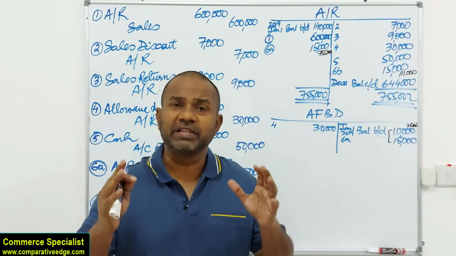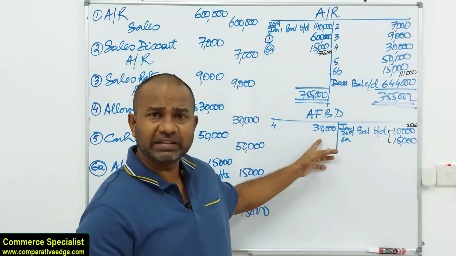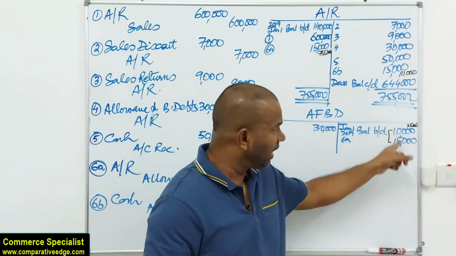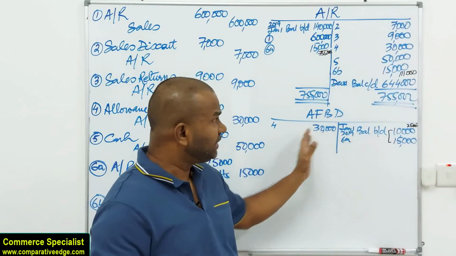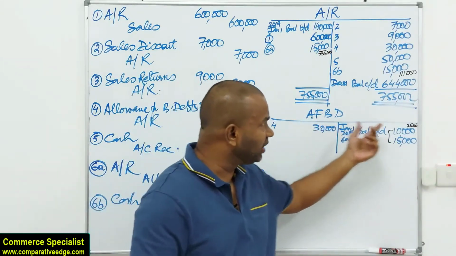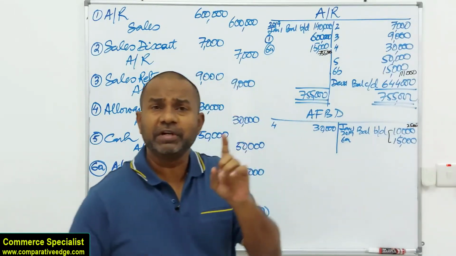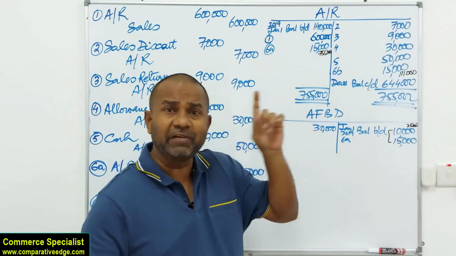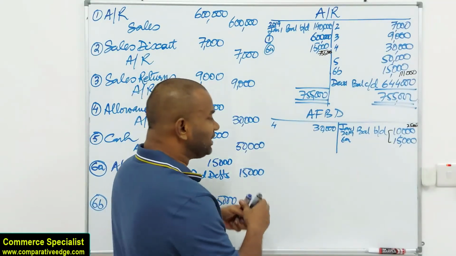What do we mean by existing balance? This is what we mean by existing balance. At the moment I have 30 here and 25 here if I add these two. Which side is greater and by how much? Debit side is 30, credit side is 25. So the debit side is greater by 5,000.